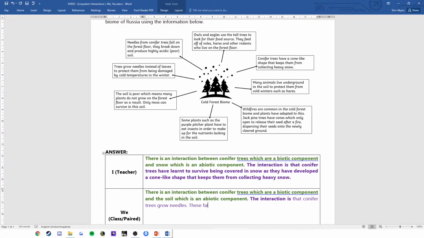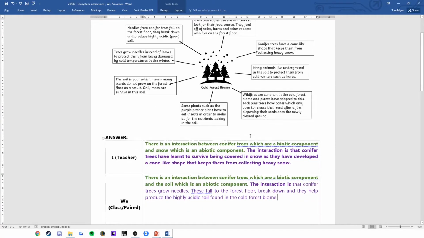These fall to the forest floor. They break down and they help produce the highly acidic soil found in the cold forest biome.